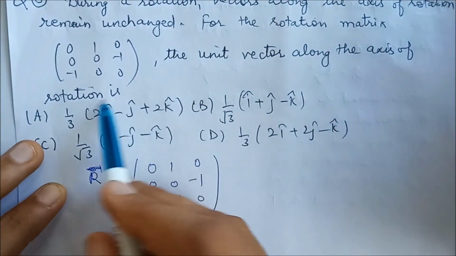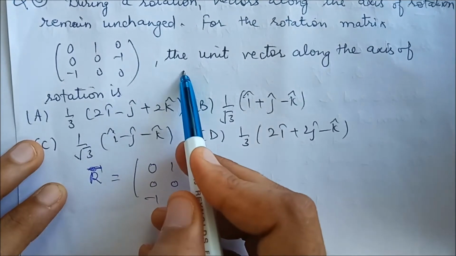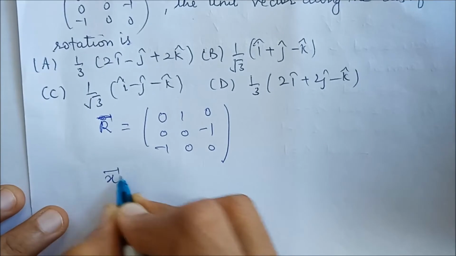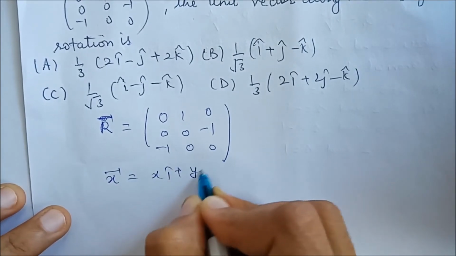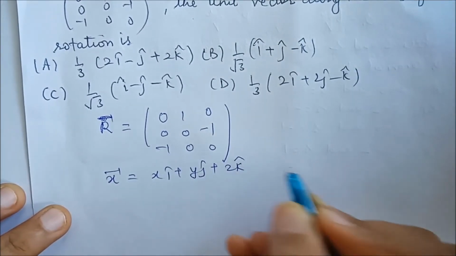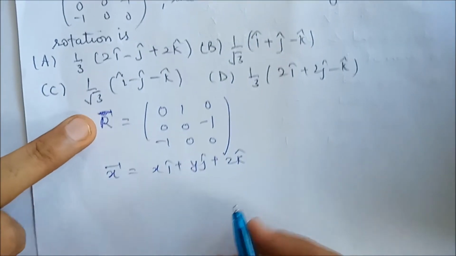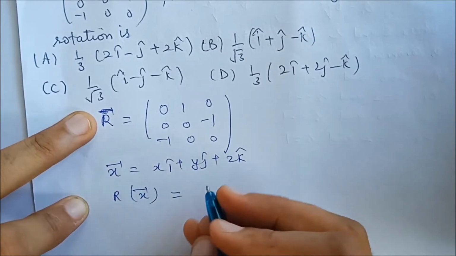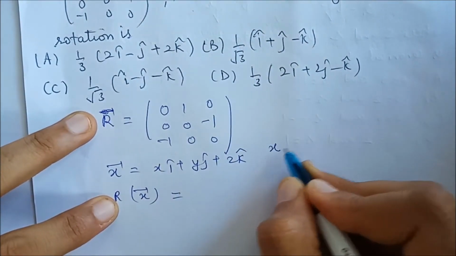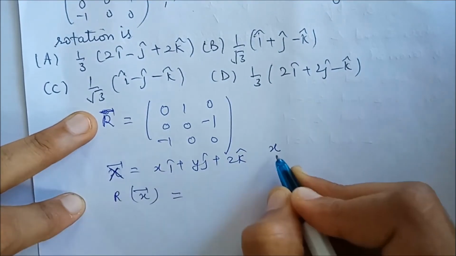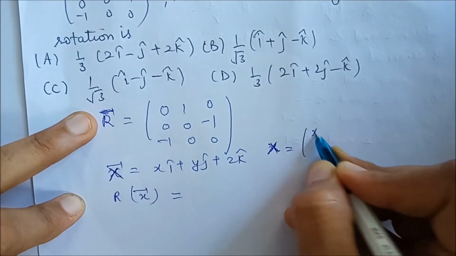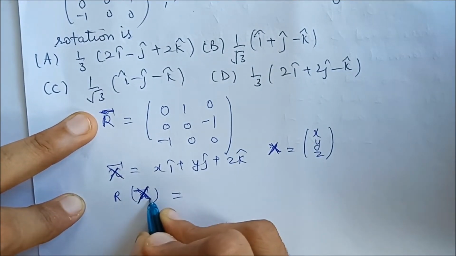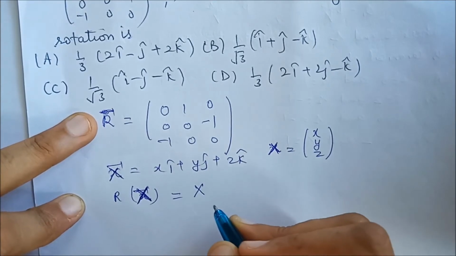We have to find the unit vector along the axis of rotation. So we take a vector x i cap, y j cap, z k cap. When this rotation matrix acts on this vector, which you can write in matrix form as x, y, z, it remains unchanged.